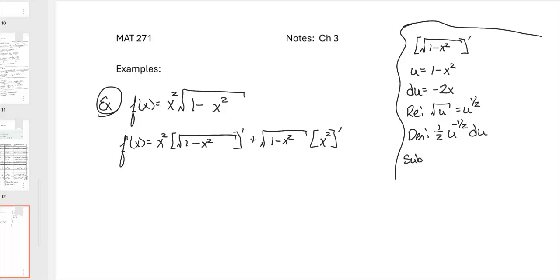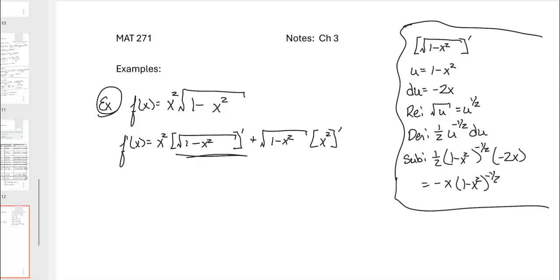And then when we substitute back in, u is 1 minus x squared. So I have 1/2 times 1 minus x squared to the negative 1/2 times du, which is minus 2x. And then we're going to clean that up. So you can see how those 2's are going to cancel. So I'm going to be left with a negative x times 1 minus x squared to the negative 1/2. So that's what's going to go in here.